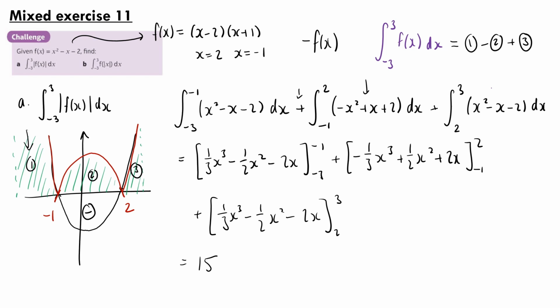So to get the area 1 plus 2 plus 3, we would add on 2 lots of the area 2. So we would take the integral from minus 3 to 3 of f of x dx, and then add on 2 lots of the integral from minus 1 to 2 of minus f of x dx. And that's another way to go about this problem.